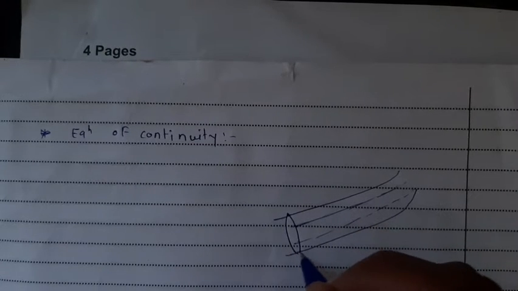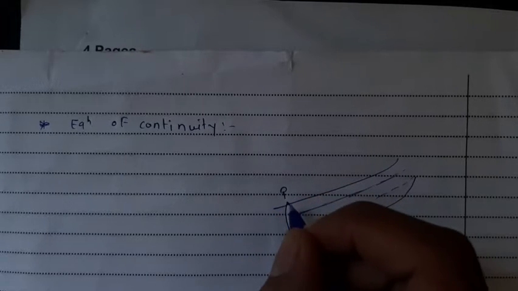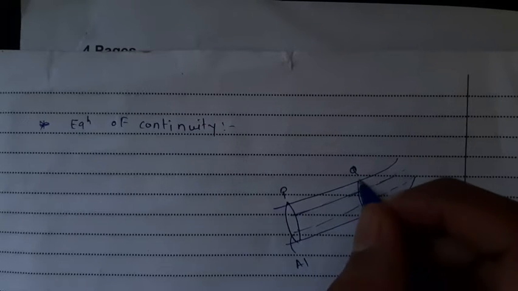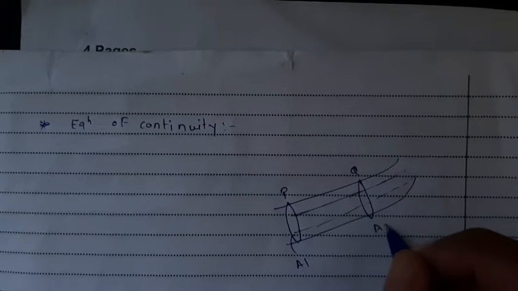So let us say we'll consider two area elements. For example, this is the first area element, whose area of cross section is A1, situated at the point P. And there is another area element situated at a point Q, whose area of cross section is A2.